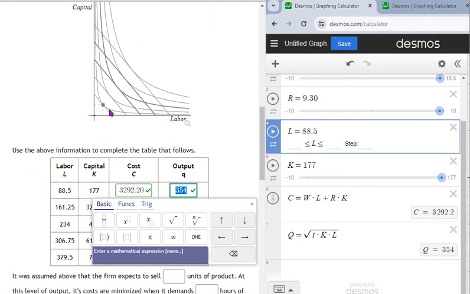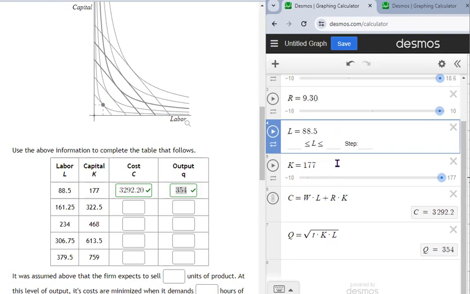So if we expect to sell 354 units, we can minimize our cost by hiring 88.5 units of labor and 177 units of capital. And we will minimize our cost at that point. Okay. All right.